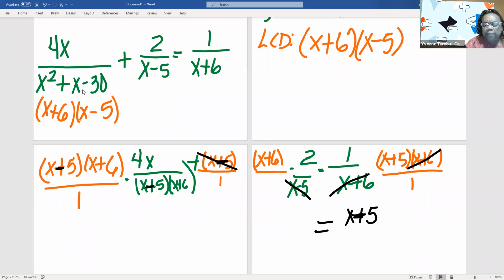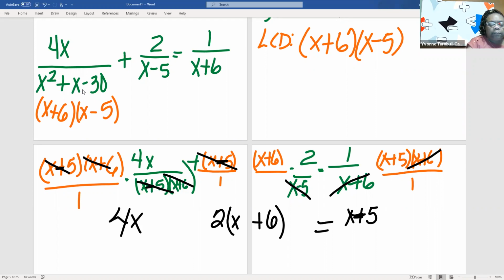This cancels with that. So now I have 2 times x plus 6. This is going to cancel with this, leaving me with 4x all by its lonesome.